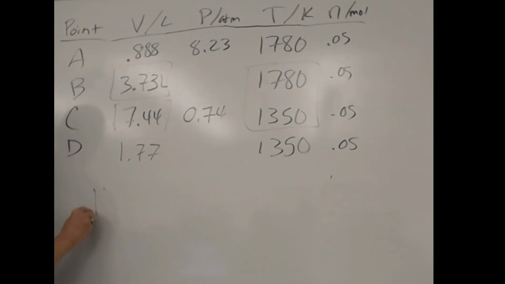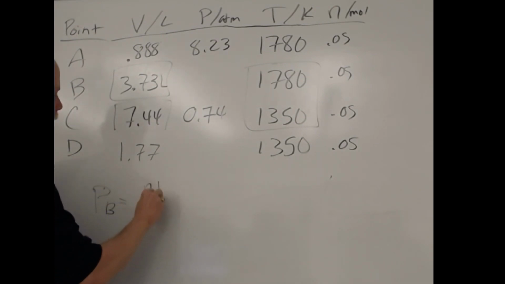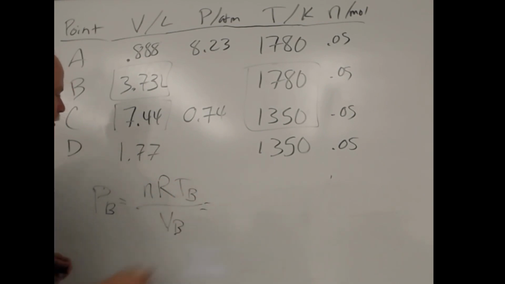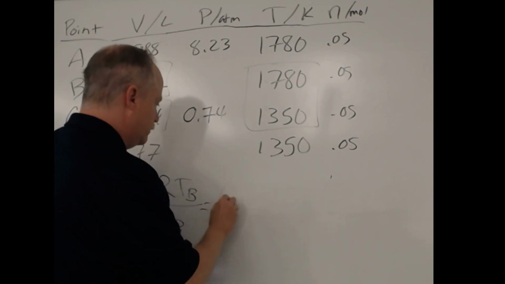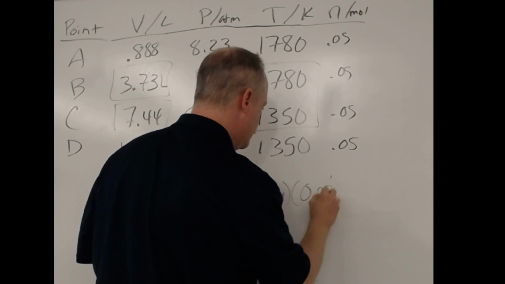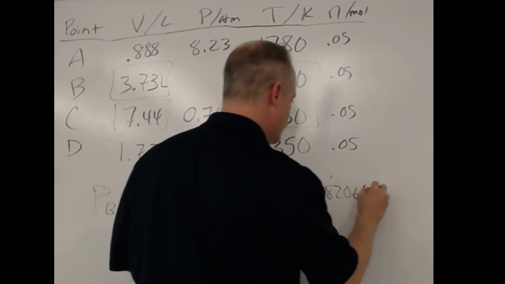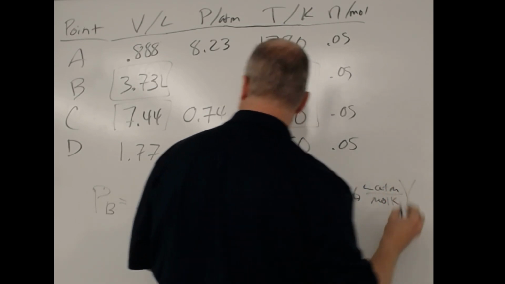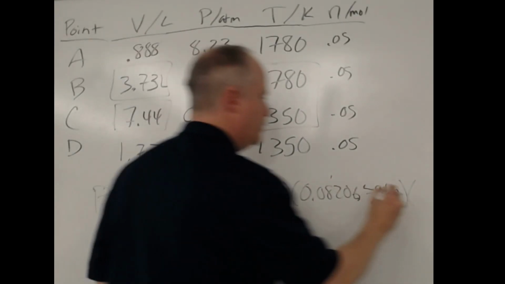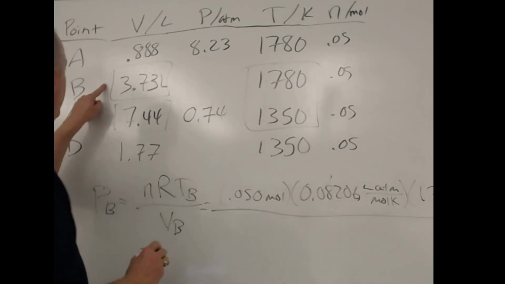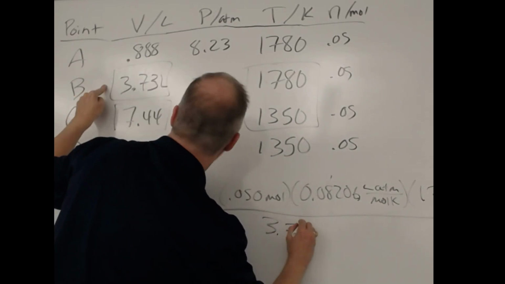So PB: temperature for B is the hot temperature, and the volume for B is 3.73 liters.